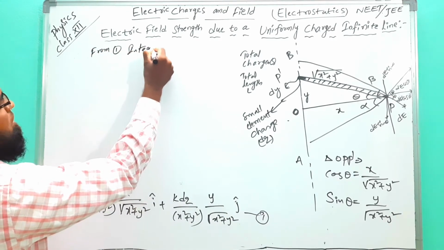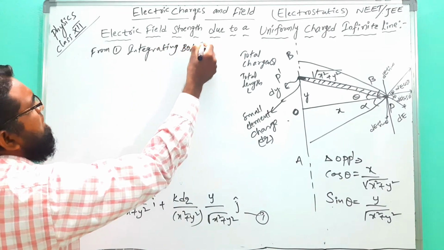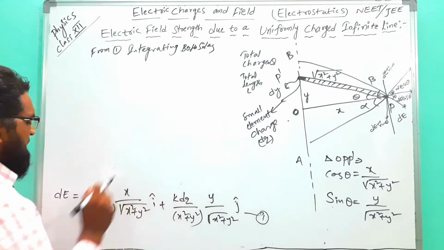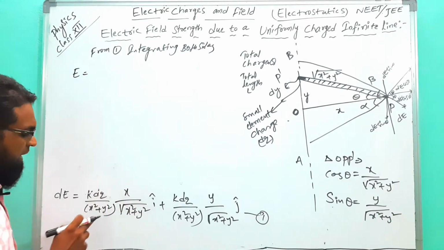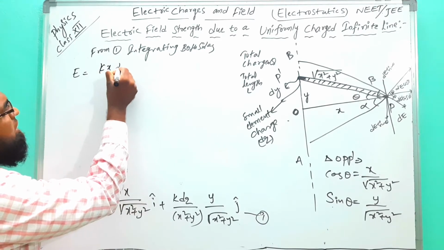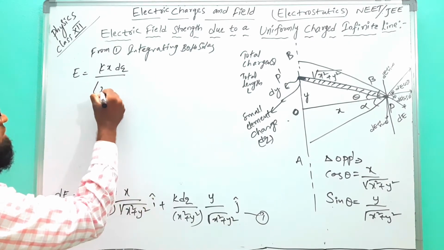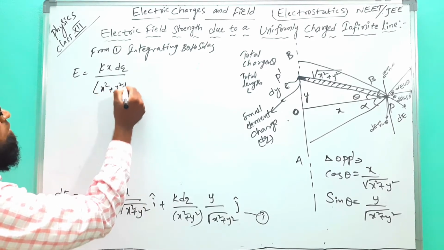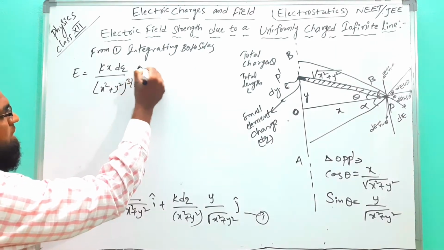integrating both sides. So suppose this is the integration, dE means E only, and k dq times x, divided by x into √(x² + y²), so (x² + y²) whole power 3/2, i cap.